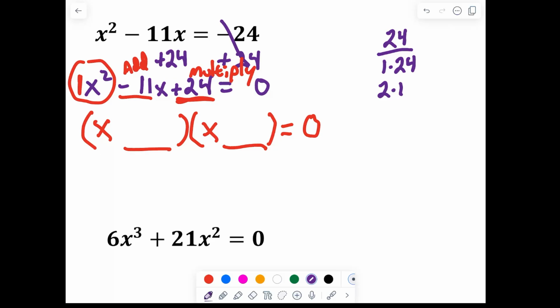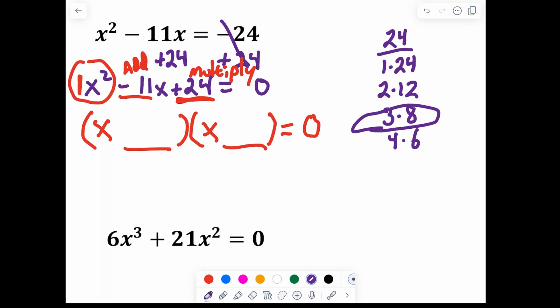The other two numbers need to multiply to be this positive 24, and they need to add to be this negative 11.